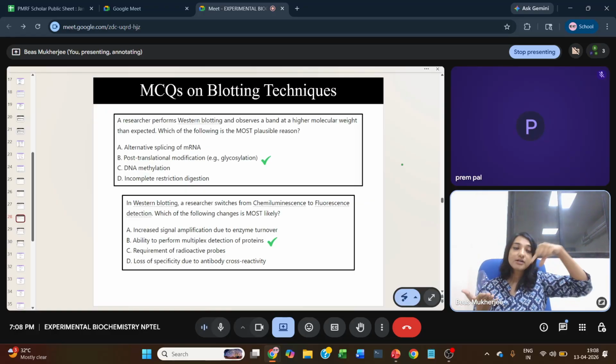Three different primary antibodies and different secondary antibodies will be used, and you can go for multiplex detection of proteins. So at the same time you can detect more than one protein if you have more than one set of primary and secondary antibodies.